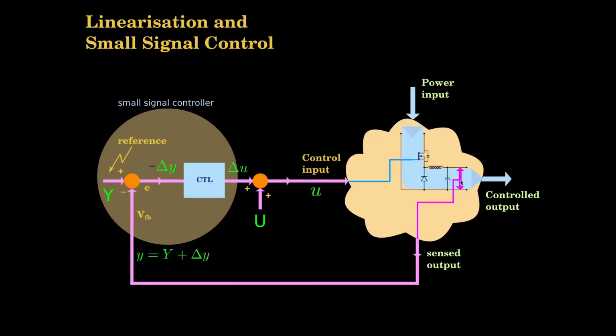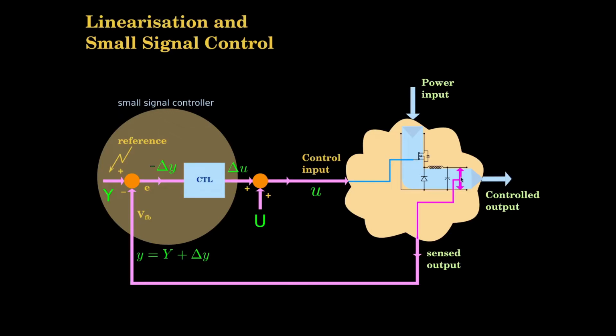In this case, the controlled output Y is nothing but the output voltage, and we probably have to give a voltage reference. The controller will detect the error and give a control input accordingly. The control input here in this case is the switching on and off of this semiconductor device, which is the duty cycle.